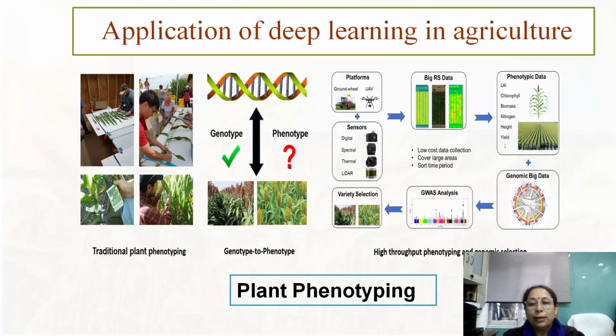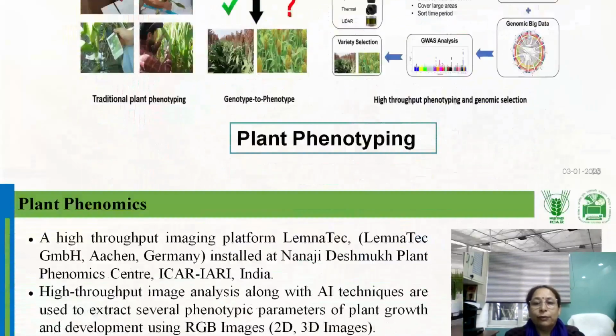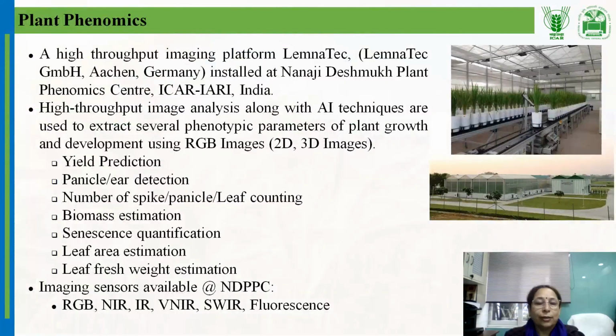All this can be computed, and by combining genotype and phenotype fundamentals, we can do genomic studies. Combining these two together, one can identify varieties which are tolerant to different types of stresses, such as drought and heat stress, and varieties which are sustainable in nature.